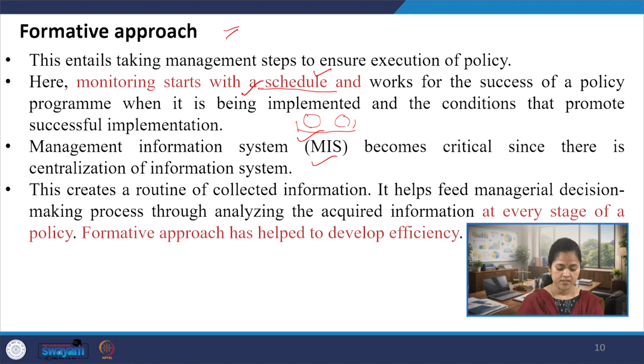Based on this understanding, we can now think about the application part of this formative approach and what could be the difference between the formative approach and the system approach. We have already done the system approach, so let's discuss some applications of the formative approach.